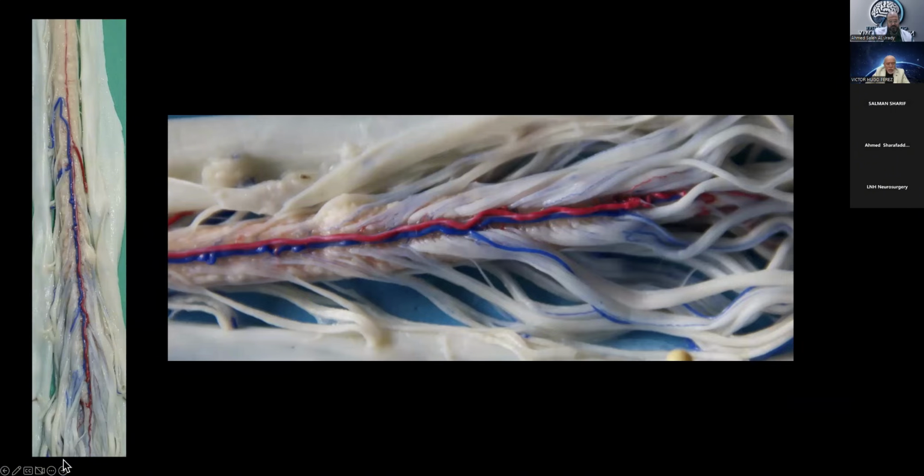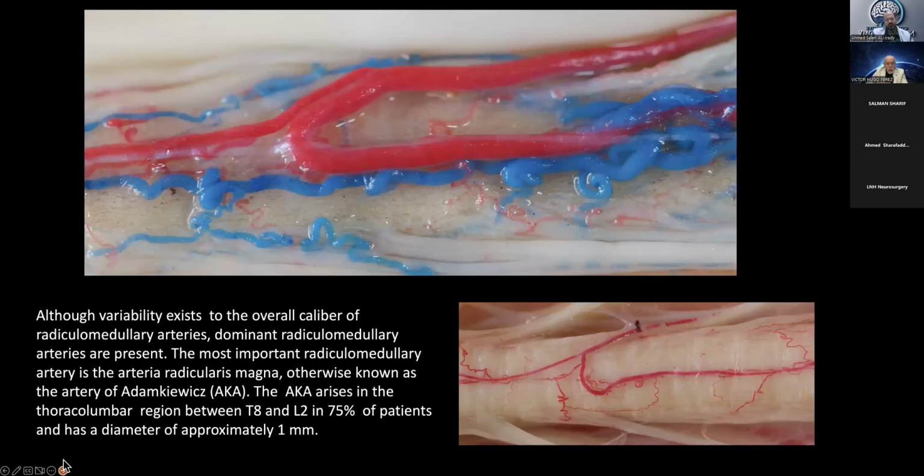And although variability exists in the overall caliber of radiculomedullary arteries, dominant radiculomedullary arteries are present. The most important radiculomedullary artery is the arteria radicularis magna, otherwise known as the Adamkiewicz artery.